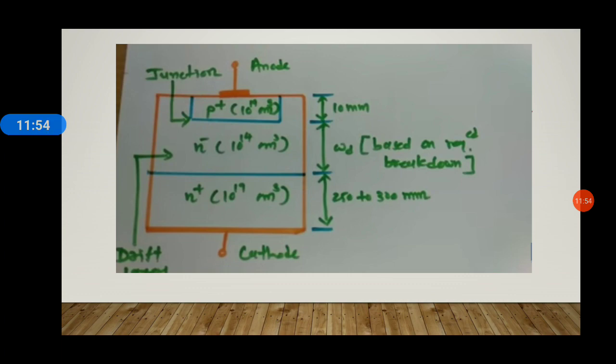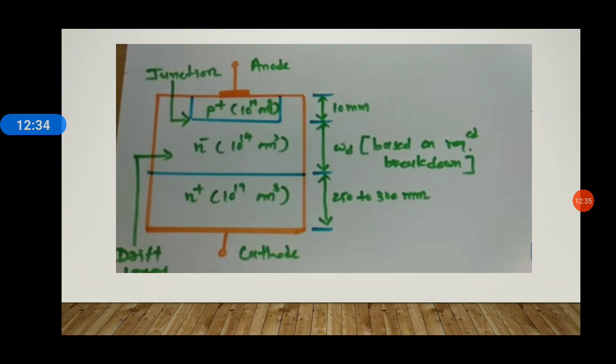The junction is formed between the anode layer, that is the P plus layer, and the drift layer, the N negative layer. The cross-section area of the diode depends on the magnitude of the current to be handled. Higher the current to be handled, more the area required. That means, from here we can say that if we increase the width of the middle layer, the drift layer, we can control the voltage that we desire.